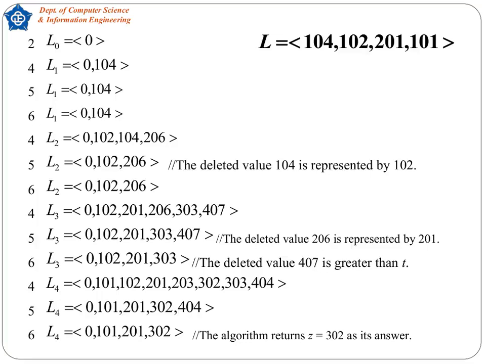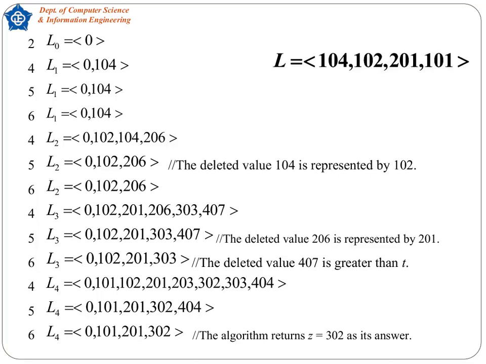Finally, merge in 101 → 0, 101, 102, 201, 203, 302, 303, 404. Remove dominated sums 102 and 203 and any above the target, leaving L4 equals 0, 101, 201, 302. The largest sum not exceeding our threshold is 302, so the algorithm returns 302 as the approximate solution.